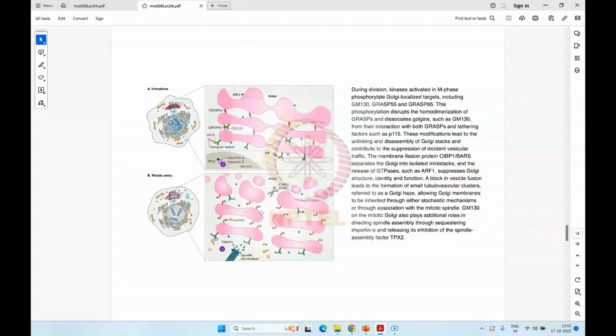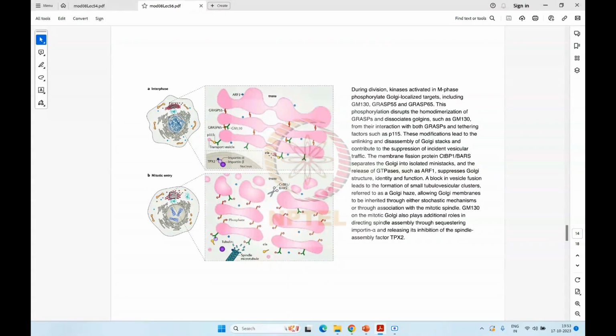There are different proteins that are responsible for keeping the Golgi together, such as GM130, GRASP55, and 65.